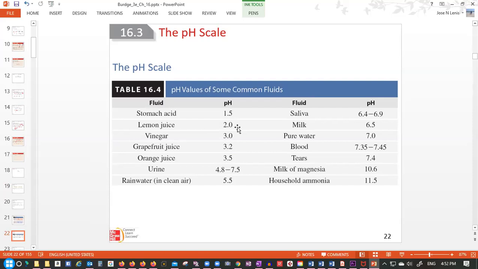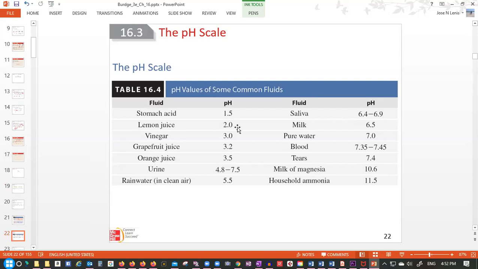Blood, somewhere between 7.35 and 7.45, slightly basic. That's the pH of the blood serum. Tears, slightly alkaline or basic, 7.4.